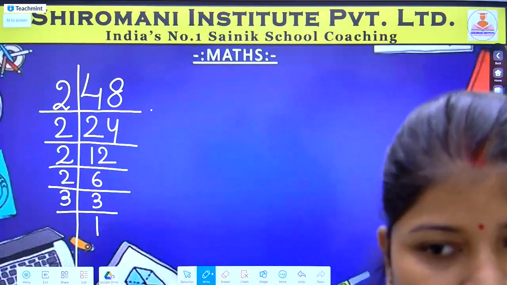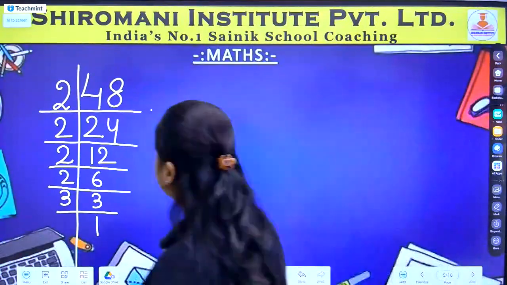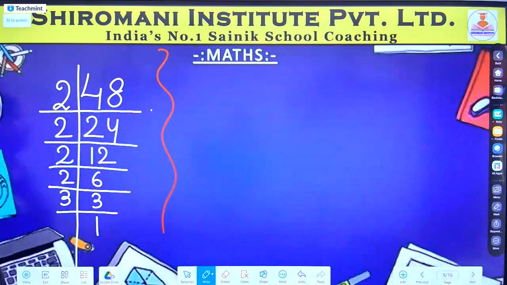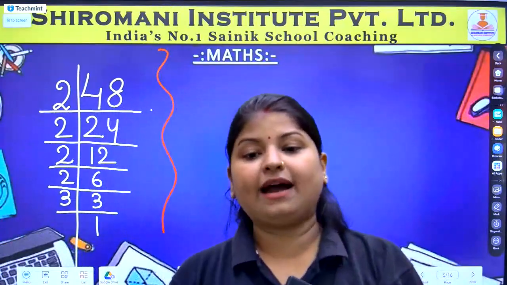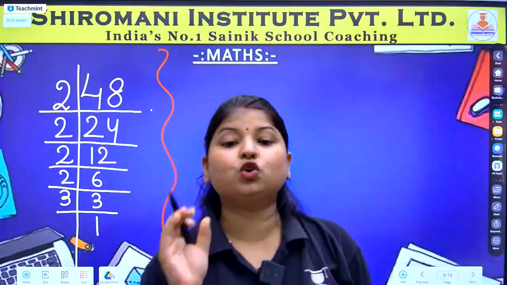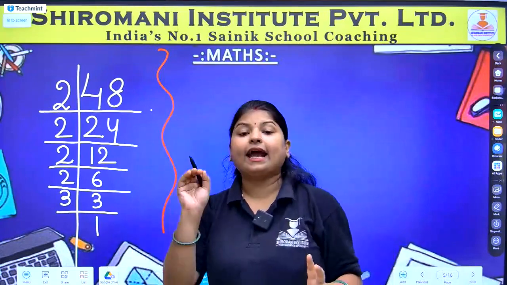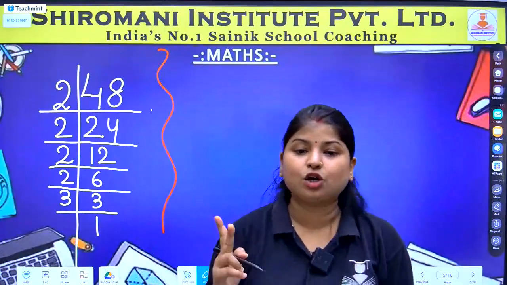Okay, let me explain. I'm explaining by myself again. When this 48 was given to you, you have to break down this number into smaller parts, okay? And you shall start with the smallest prime number, that is 2.